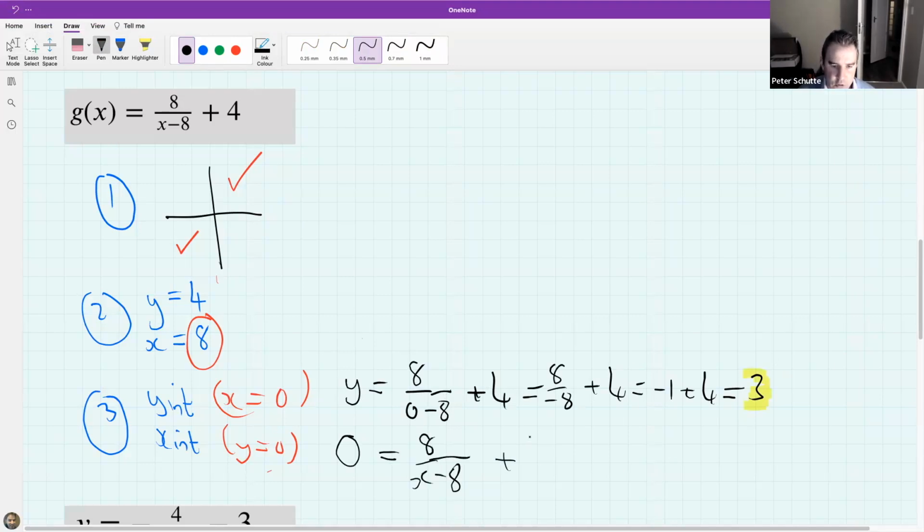Although you can do it sort of by inspection, but you can also do it, I'll give you a bit more time for that. So the y-intercept is 3, but now what's the x-intercept going to be?